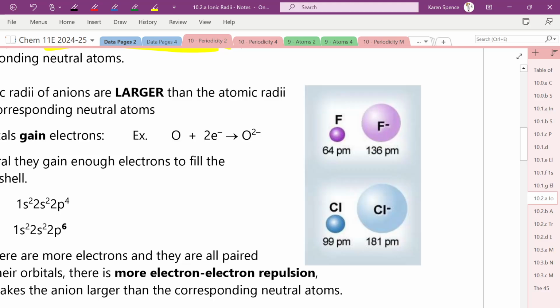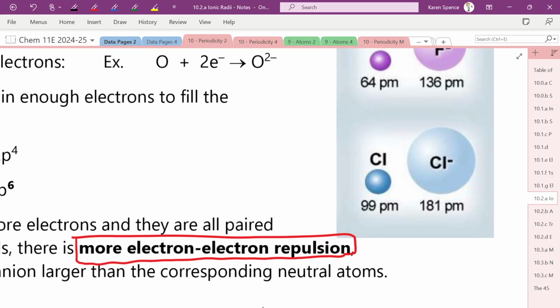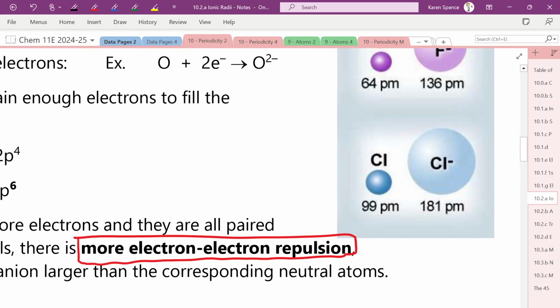You get more electron repulsion. We've done nothing to Zeff. We've done nothing to the number of occupied shells. So the only thing we can be looking at is electron-electron repulsion. Is that good?